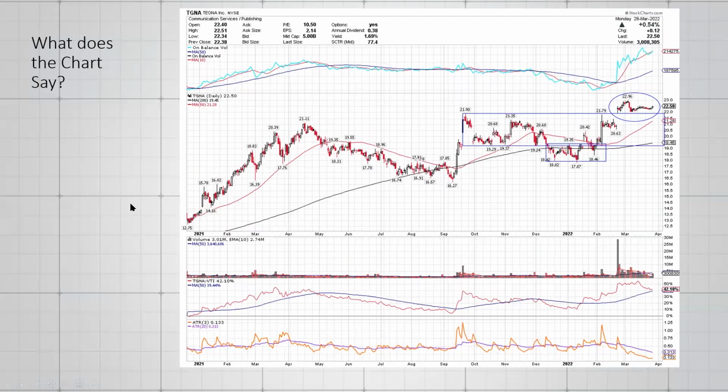This is TEGNA Inc., not even really familiar with it, but look at how fantastic we have horizontal structure, breakout, holding above prior resistance, now support, lower volume, lower ATR, and look at that, those moving averages of both OBV and price just taking off incredibly.